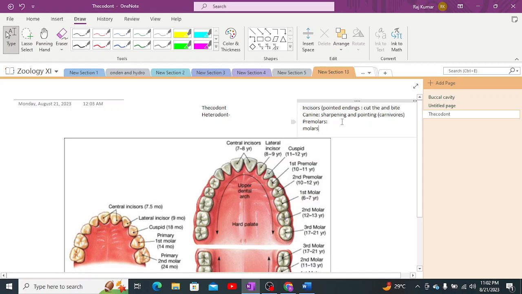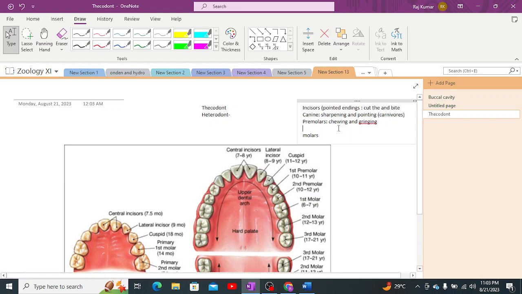Basically, these premolars and molars are both present on the posterior side, and these types of teeth help in chewing and grinding.